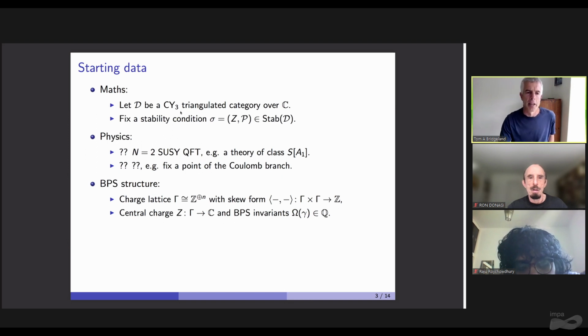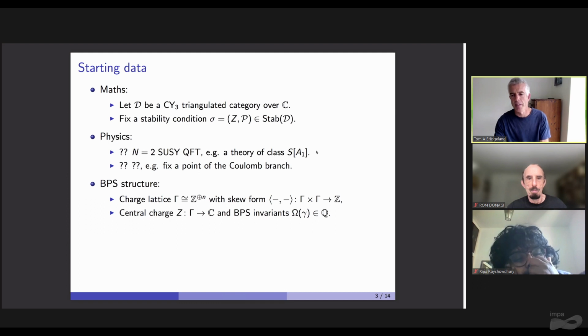Fixing this stability condition, you could think of it as choosing a complex structure on my Calabi-Yau threefold, and then I expect to have a stability condition. The central charge is integrating the holomorphic three form against the class in H_3. And then the BPS invariants are somehow counting special Lagrangians of a given homology class. That's the idea.